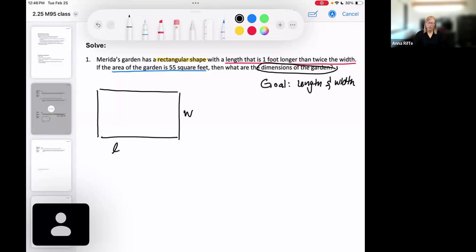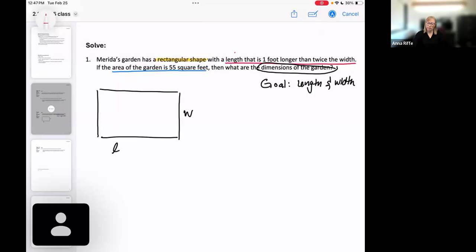We are told that the length and the width have a certain relationship. We are told that the length, which we're going to call L, equals. Whenever you see that word is in a problem, that can indicate one thing equals another. The length is 1 foot longer than.